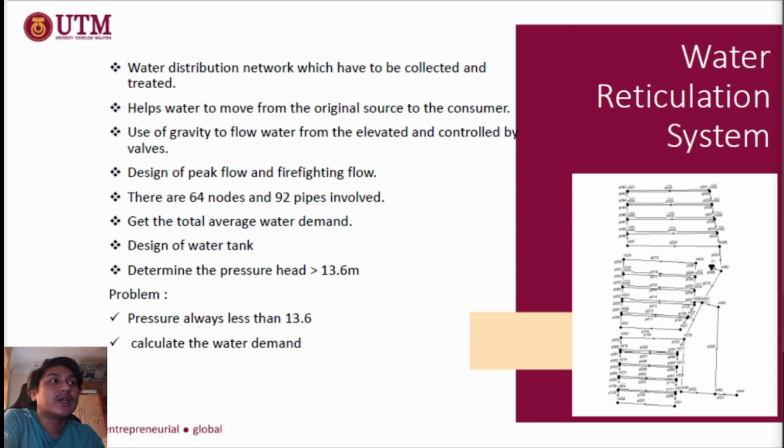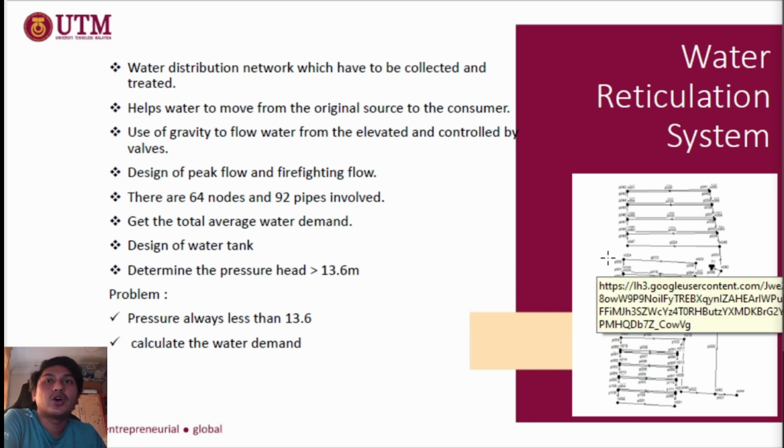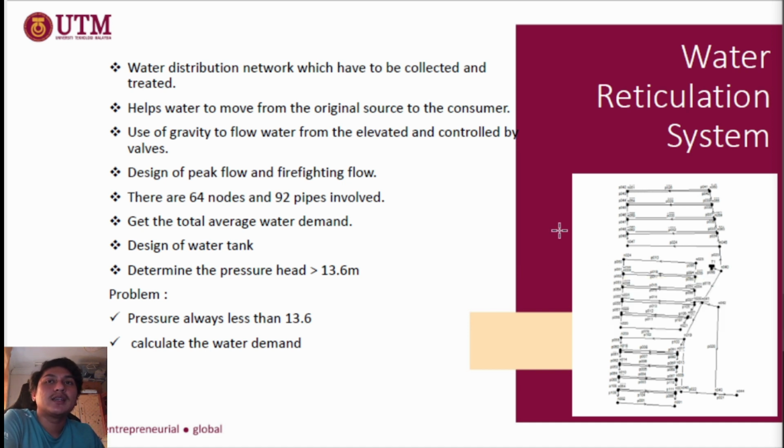Lastly, the water will flow to the consumer by piping closed loop. So we have to ensure that each pipe has more than 13.6 meter for double story and 7.6 meter for single story in pressure head. At the right side is our data for looping, closed loop for networking.